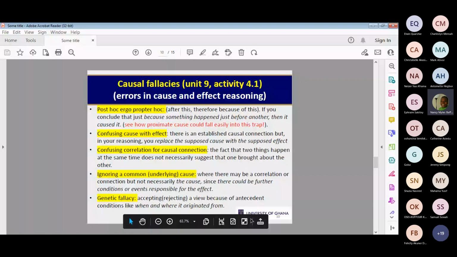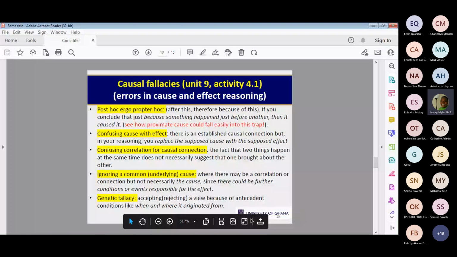So that is one of the fallacies. And we call it a causal one because it's telling you what caused it, what brought it about. To accept it because of who brought it about, or reject it because of its origin, when or where it was created. That's simply it. That's the fallacy associated with cause and effect reasoning that we call the genetic one.